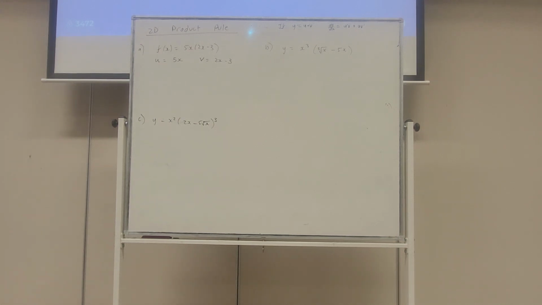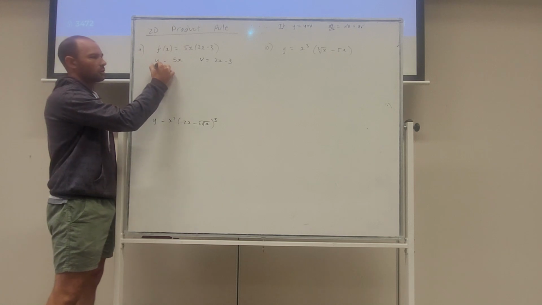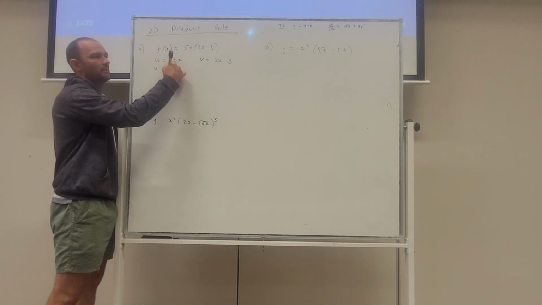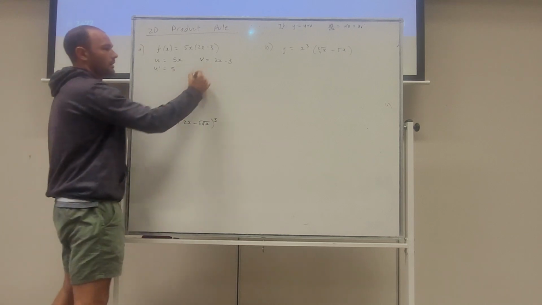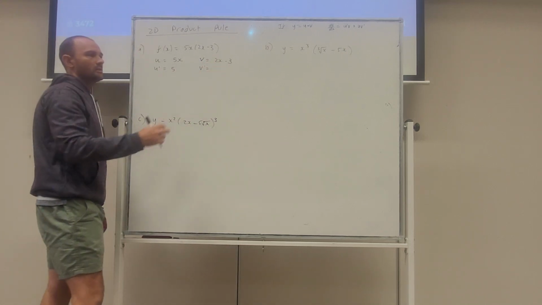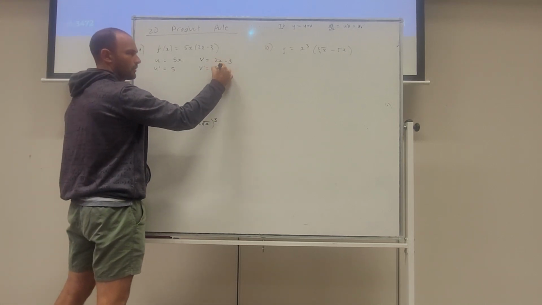We then differentiate each function. Okay? So the derivative of u we just call u dash, and the derivative of 5x is 5. We differentiate v, the derivative of 2x take 3 will be 2.